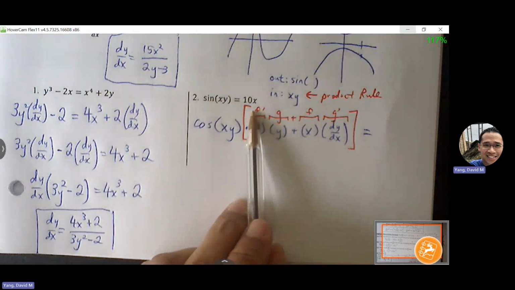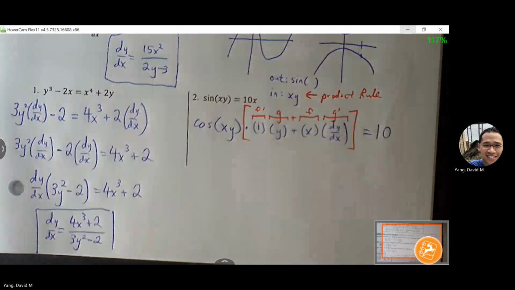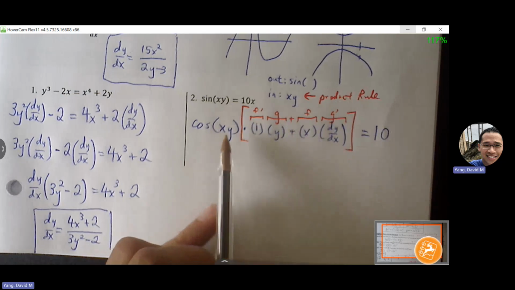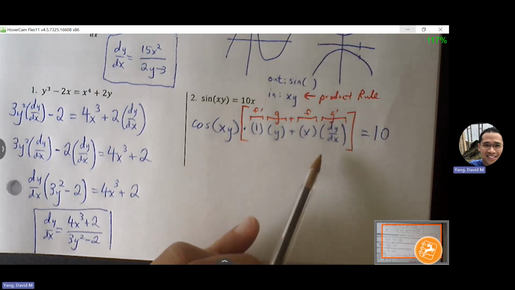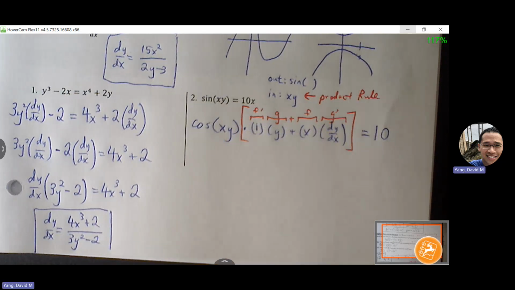Okay, 10x becomes what? 10. So I want to get that dy dx by itself, but it's stuck inside this expression. I'm going to just distribute this through so I can move things a little bit more freely.